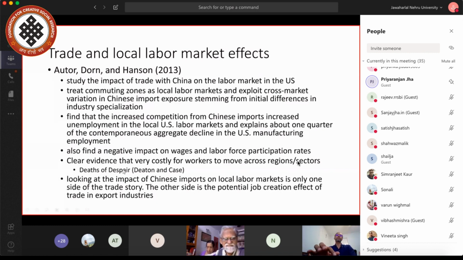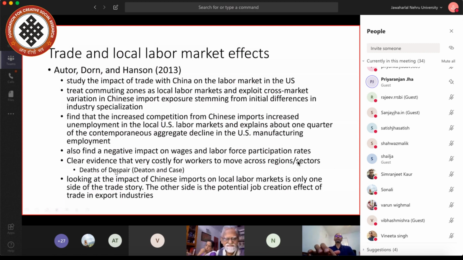They've written a book called Deaths of Despair, and there they talk about how it is very costly for workers to move, and as a result of destruction of manufacturing jobs, partly because of trade, partly because of automation, robotization, all those things, manufacturing jobs in the Midwest of the U.S. A lot of people have stopped working, so that's connected to the idea of decreasing labor force participation rate, and they have basically become depressed, and they start taking drugs, and there have been a lot of deaths related to overdose of opioids, so they call these things deaths of despair.